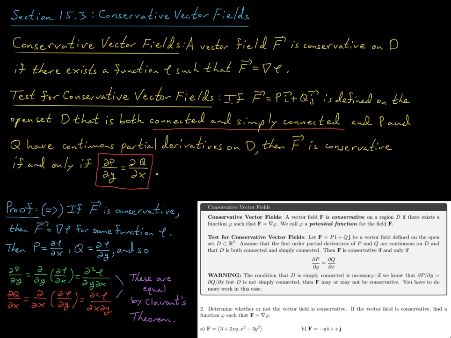And now if I differentiate p with respect to y, that's the y derivative of the x derivative of phi, and this gives us a second order mixed partial derivative. And likewise, the x derivative of q is the x derivative of the y derivative of phi, which is the other second order mixed partial of phi.